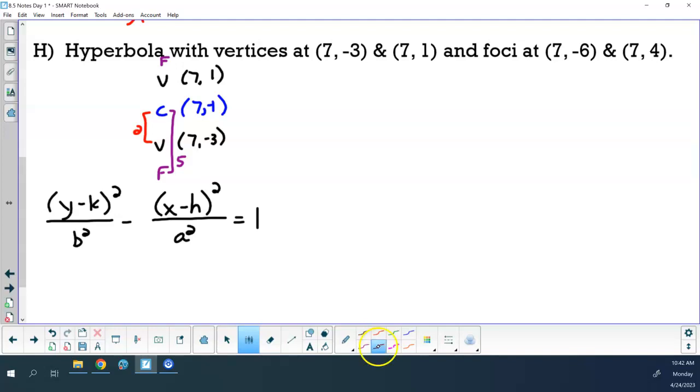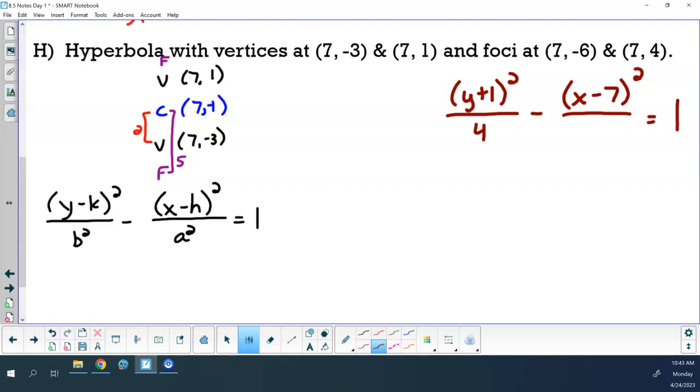So that's going to give me y plus 1 quantity squared all over 4 minus x minus 7 quantity squared all over, do I know what a is yet? Do we know a? Not yet. What's the formula that I use?